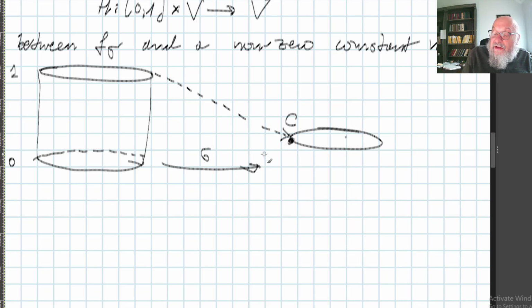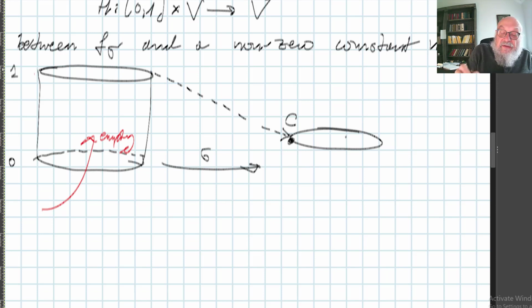So this cylinder is empty inside. And then of course you can immediately see that since this is a constant map, I can extend it on the top.